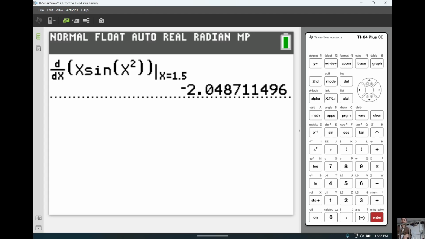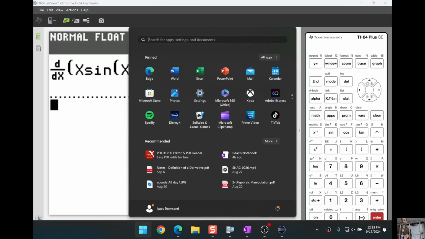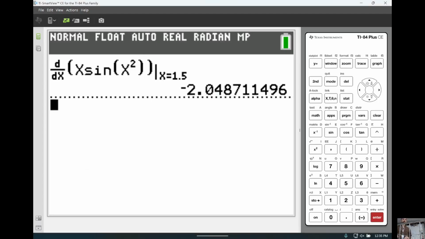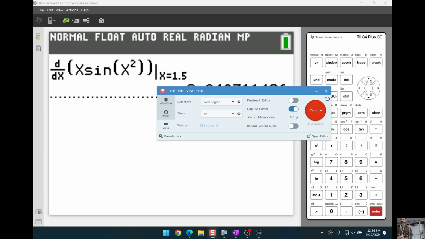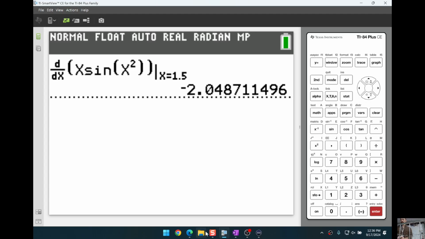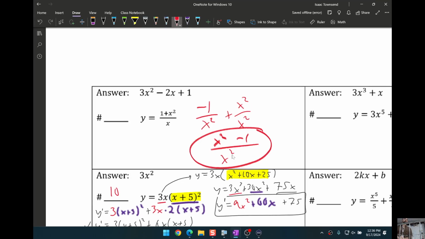Like Windows 1 is your first item down here, Windows 2, Windows 3, Windows 4. I think that's the shortcut. Yeah, that's what it is. So whatever you have down on your start bar, 2, 3, 4, 5, 6. Like this is 6, so Windows 6 pulls it up. So these are tied to that.